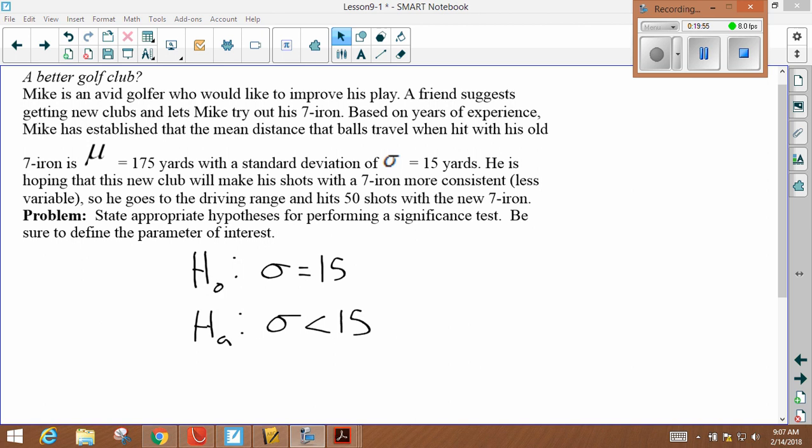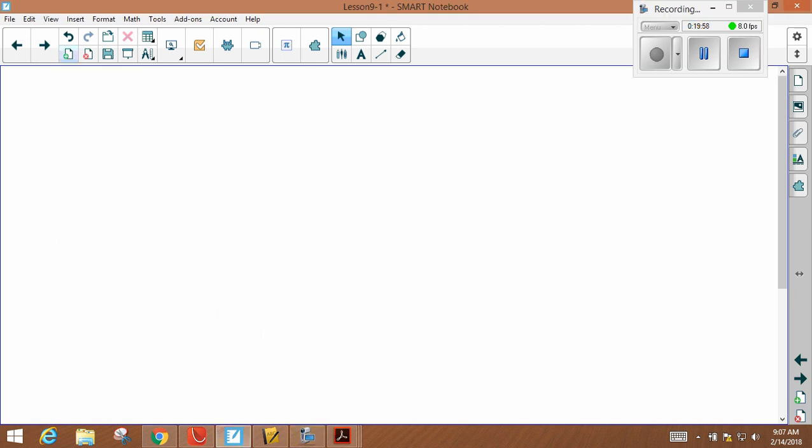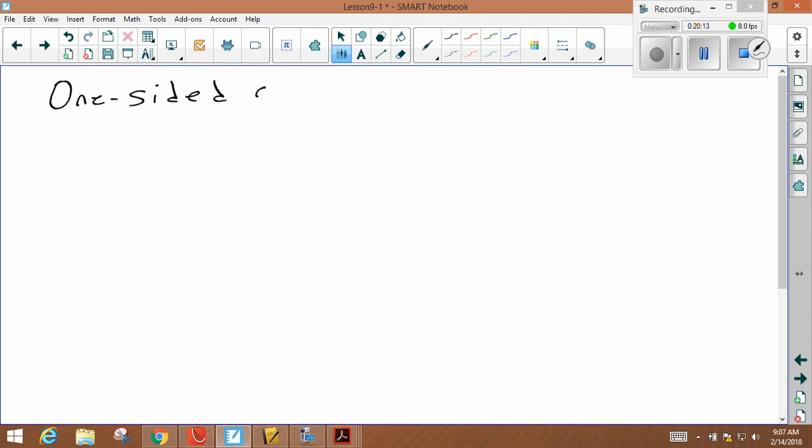So I want to talk very briefly about different ways that we can write our hypotheses. All right, so our hypotheses can be one-sided. A one-sided hypothesis is going to look like this.